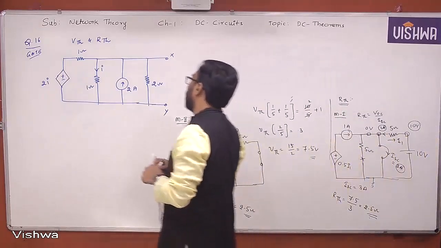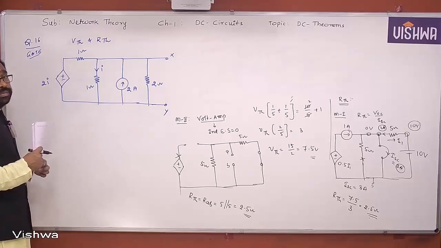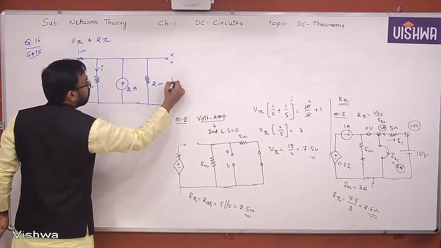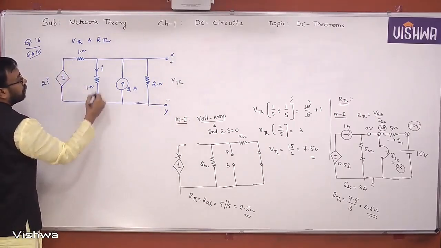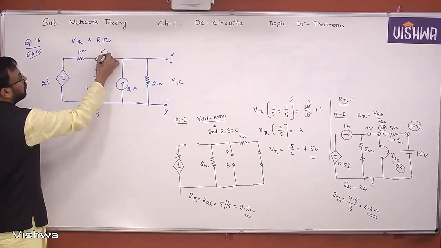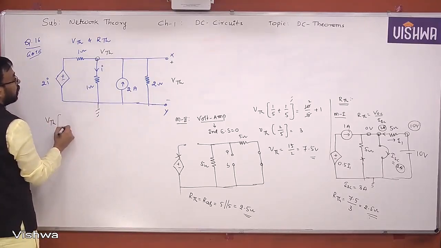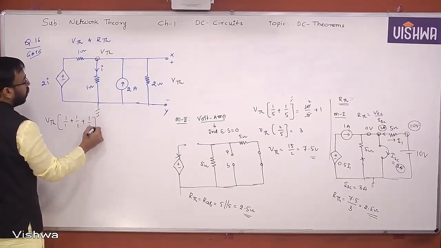Now let us work out that VTH and RTH in this case. So how do you do it? VTH times (1 by 1 plus 1 by 1 plus 1 by 2), yes or no?